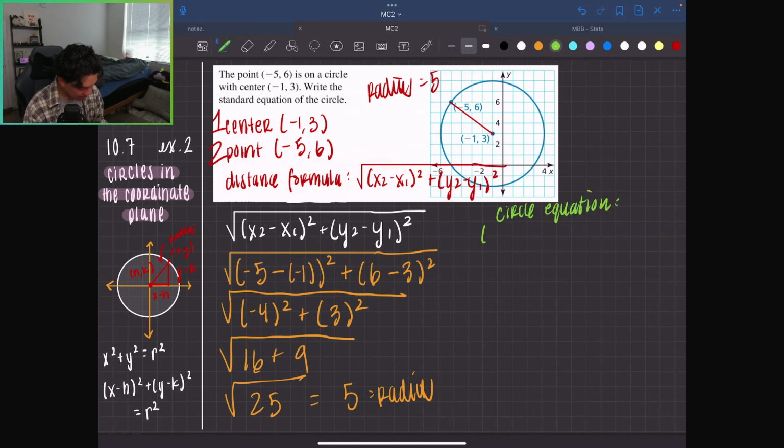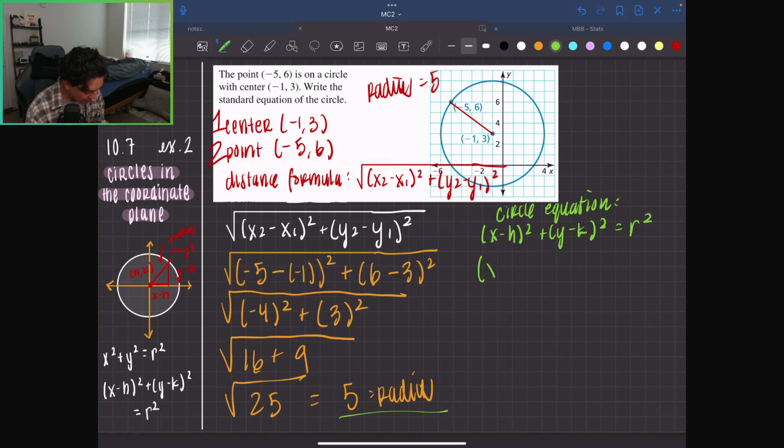It is x minus h squared plus y minus k squared equals r squared. And you have to think, do we have our center and do we have our radius? Well, we found our radius by using the distance formula, and the center is already given to us. So now all we have to do is just plug in the values and get our equation.